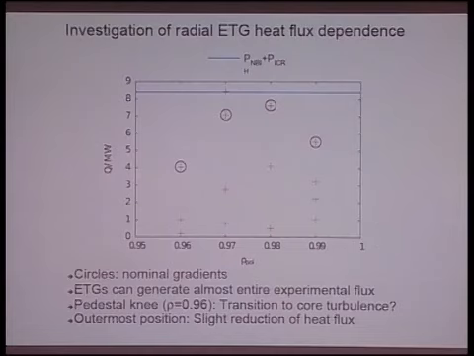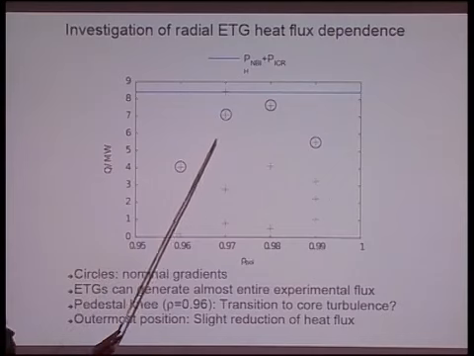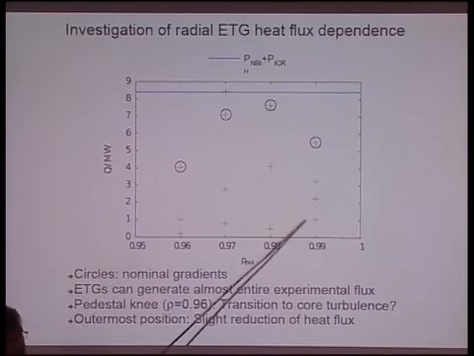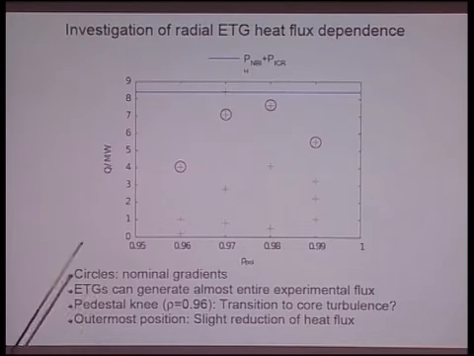And this is something that people have observed in the US, people that try to use simple ETG models to put into their pedestal modeling. And some of these models were such that ETG transport either diverged or went to zero as you went to the separatrix, and this does not seem to be the case here. Does R over LT stay the same despite the fact that R over LT changes a lot?